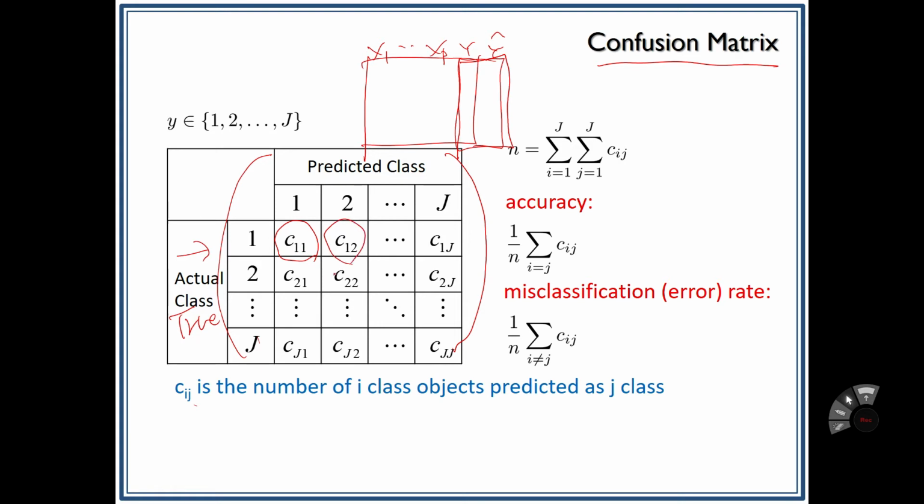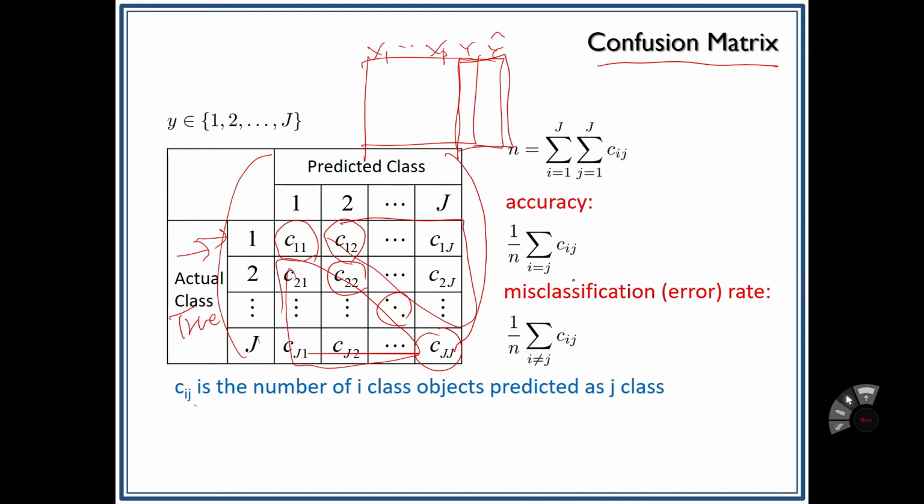The row indicates true class 1 objects that are incorrectly classified as class 2, right? So all the diagonal elements are the number of objects that are correctly classified, and all the off-diagonal elements are the number of objects that are incorrectly classified.